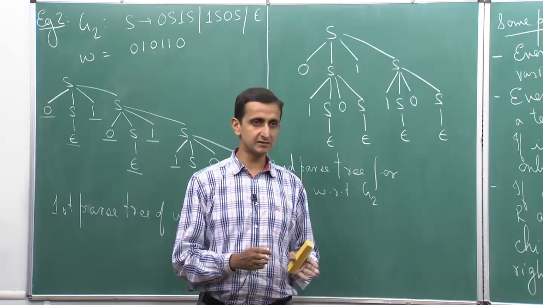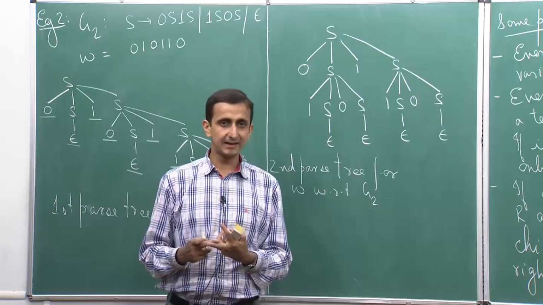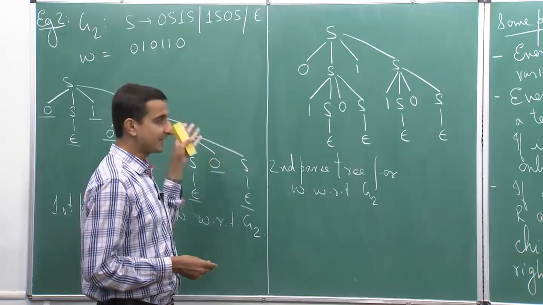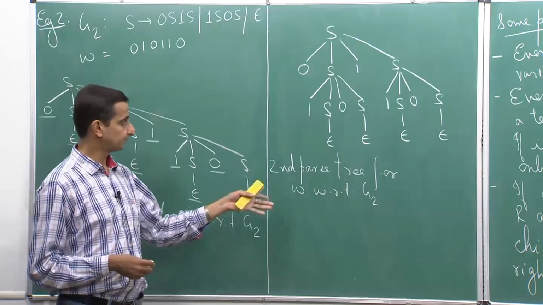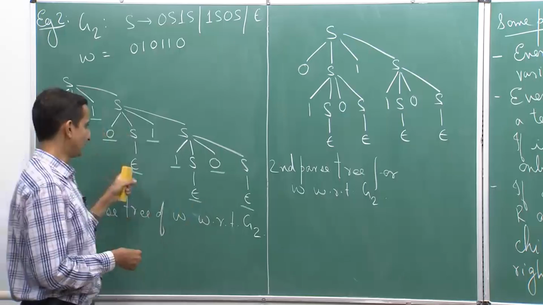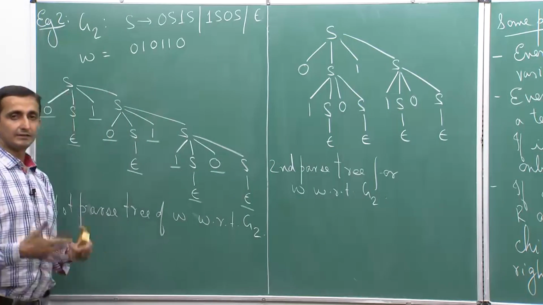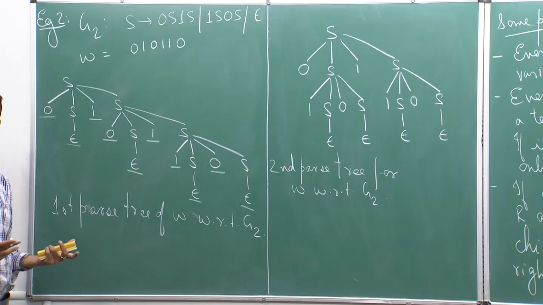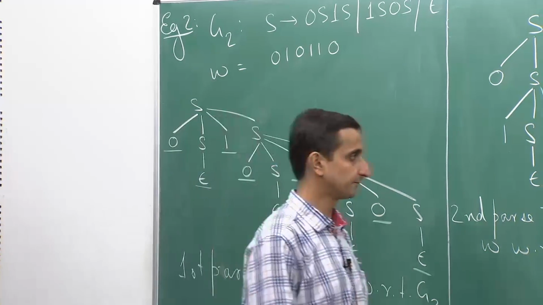So, it is always a string with respect to a grammar. That is point number 1. The second key point is that we can have grammars, particularly the grammar G2, where there are multiple parse trees for the same string. Okay. So, if you look at these 2 parse trees, the one on the left and the one on the right, they have different structure, but they represent the same string.